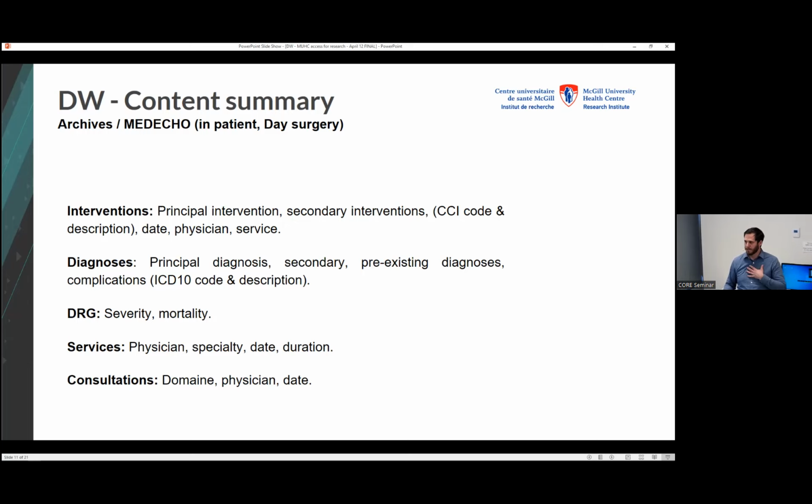DRG, my understanding is a group that classifies some comorbidities and some variables for a patient, and they make a classification in severity and mortality, and they put it on a scale. I think it's 1 to 5 for severity. So I don't know the group, but I know that it's in the table, so we have that information.